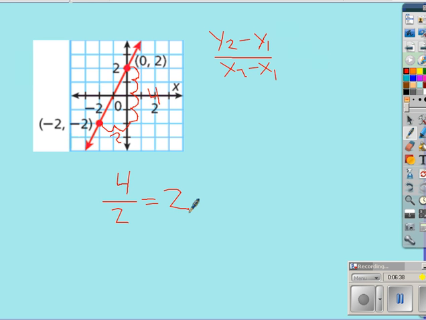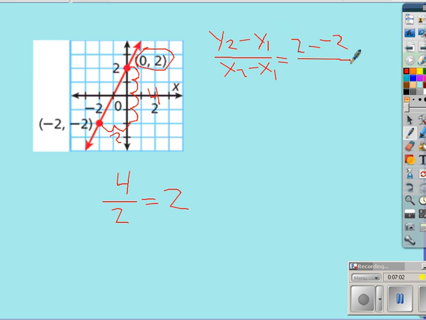If we were to use the formula, I'm looking at a y2. I'm going to pick this to be my x2 and y2. So y2 is going to be 2 minus a negative 2. Again, what's great about this formula is it doesn't matter which point you choose to be your second set of points, x2, y2.